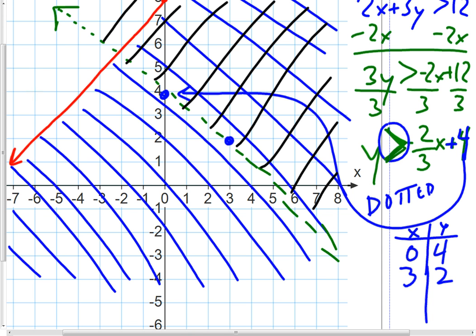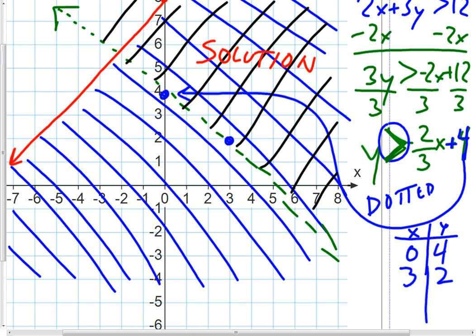Top, bottom, left, right? Top, over here. Label it. This is your answer. The solution is that whole area. Every single point in this area is an answer.